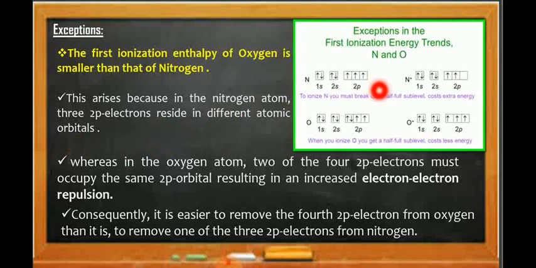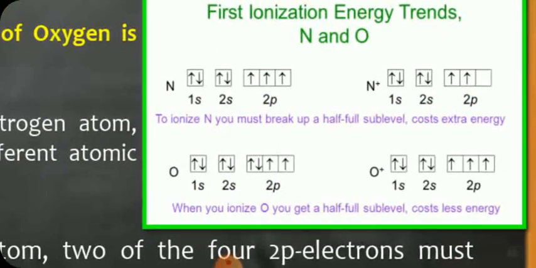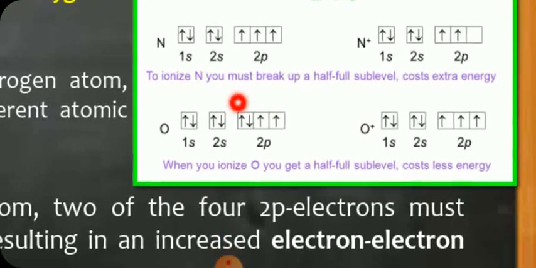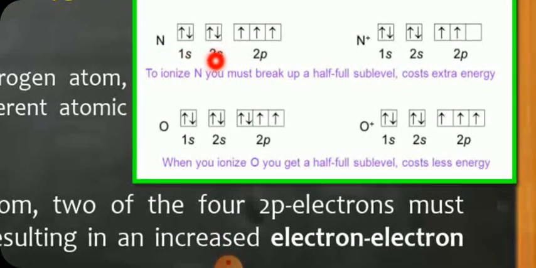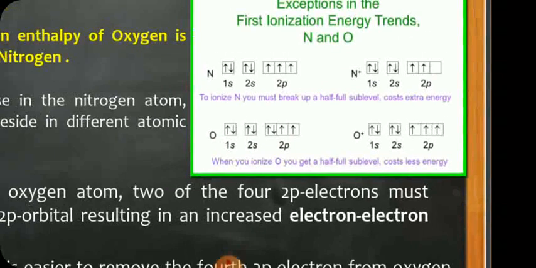Look at this: the electronic configuration of nitrogen is 1s2 2s2 2p3. These three electrons are present in different 2p orbitals. Look at the oxygen electronic configuration, 1s2 2s2 2p4.